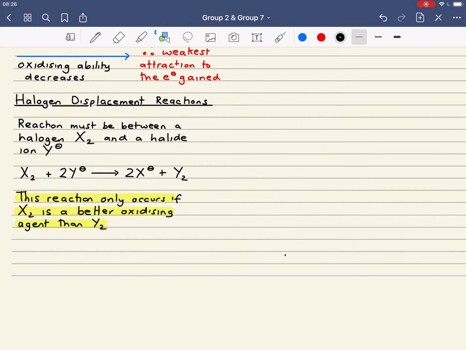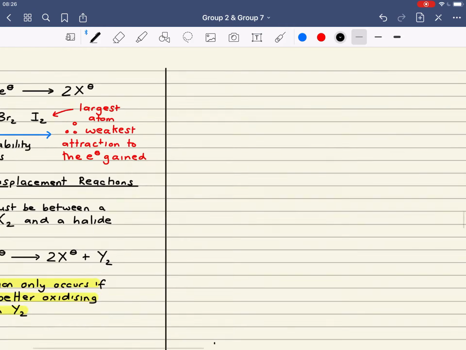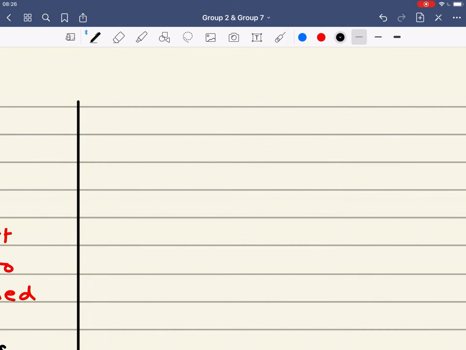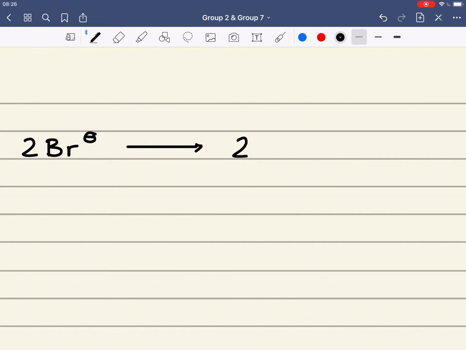So let's have a look at a specific example. An example would be the reaction between chlorine and bromide ions. And if this reaction was to occur, we would get 2Cl minus plus Br2.